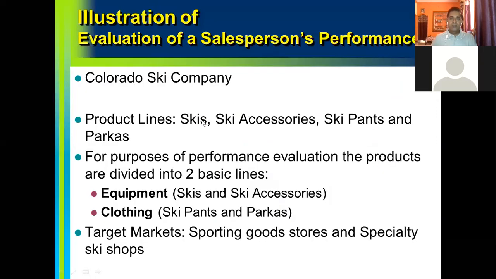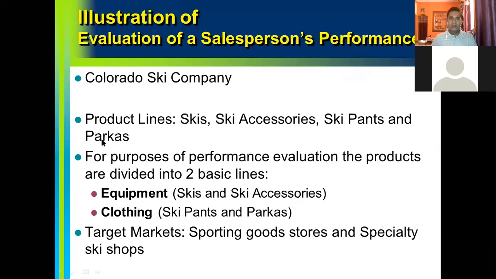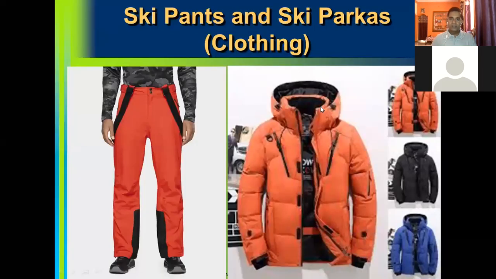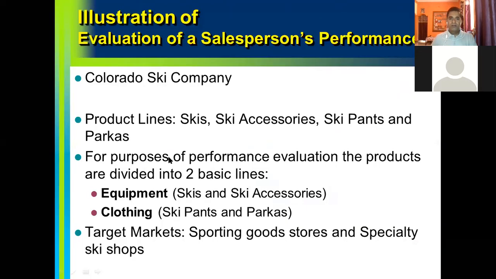Then ski pants, and ski parkas. Parkas are nothing but ski jackets, as you can see in the image. For the purpose of performance evaluation of the sales representatives, the products are divided into two basic lines.